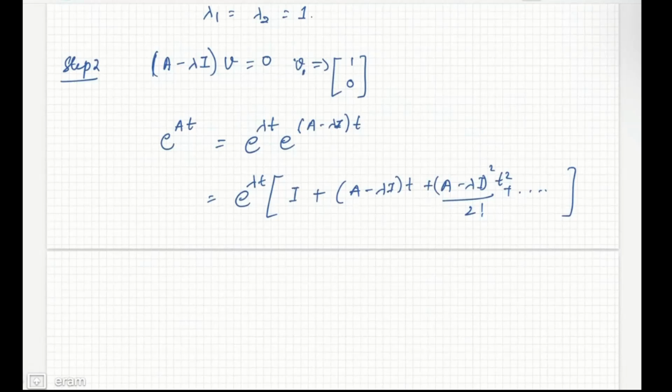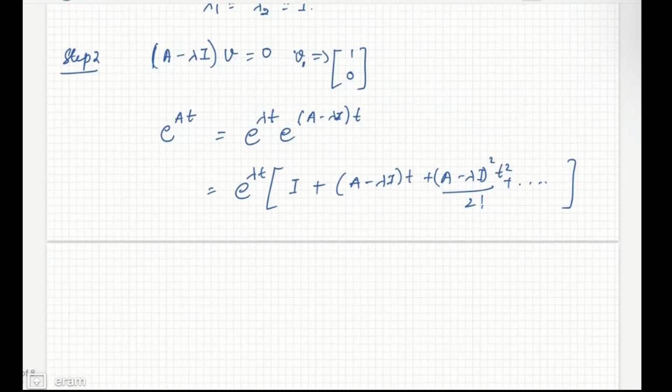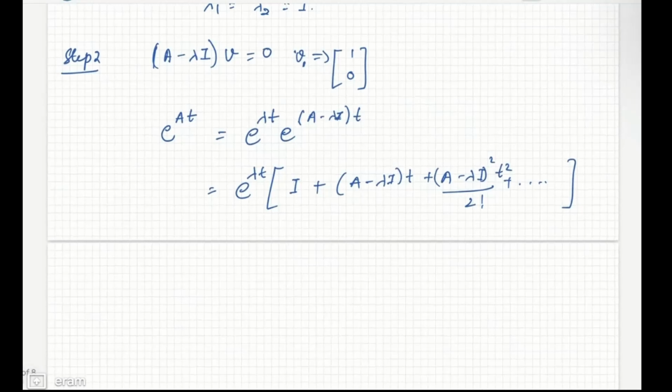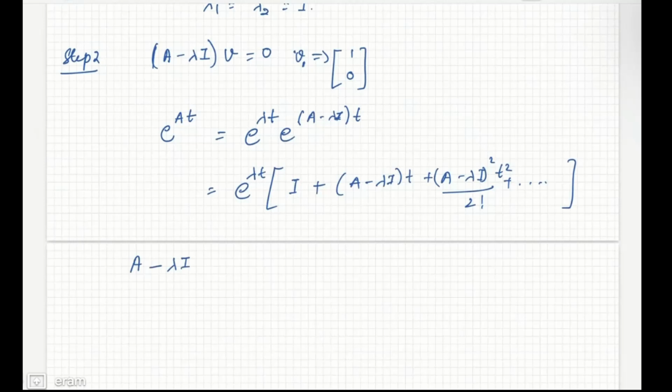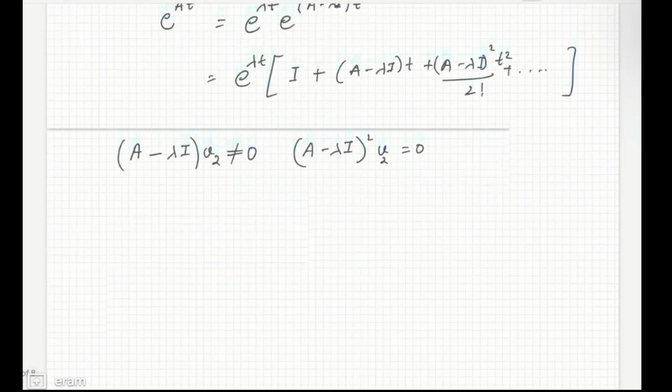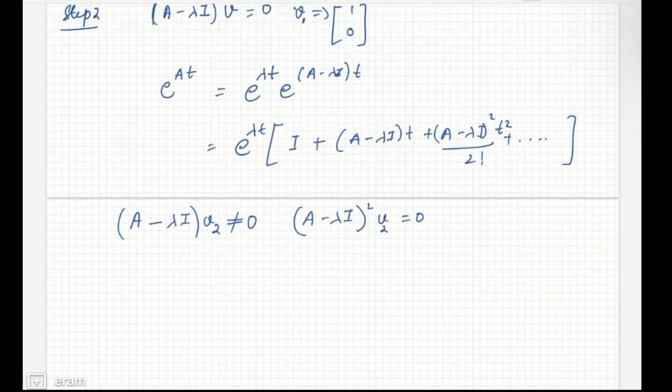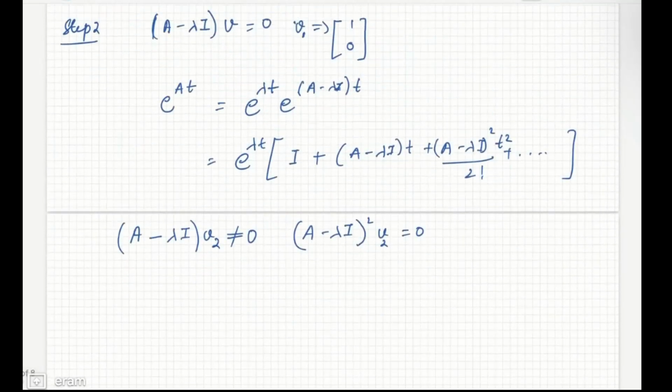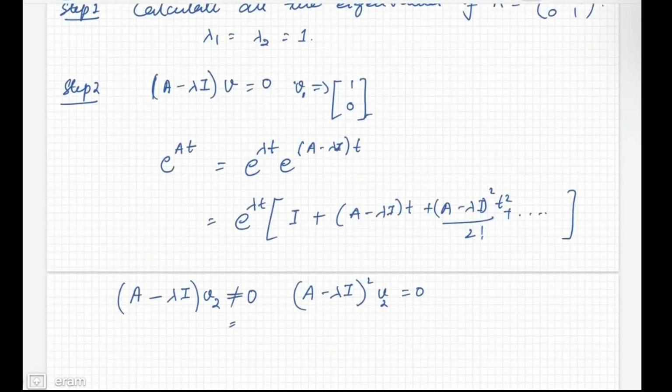Using this we can find a vector v2 such that (A minus lambda I) v2 is not equal to 0, but (A minus lambda I) squared v2 equals 0. If so, v2 is linearly independent of v1.